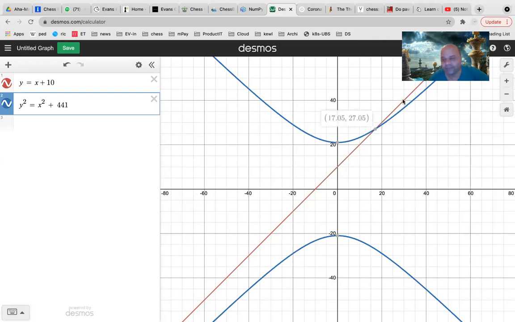Y is equal to x plus 10, it is meeting because it is on this line, and it is also meeting y square is equal to x square plus 441. That is this blue curve. Okay, so it is meeting both. So that is the solution because it's common to both, right?